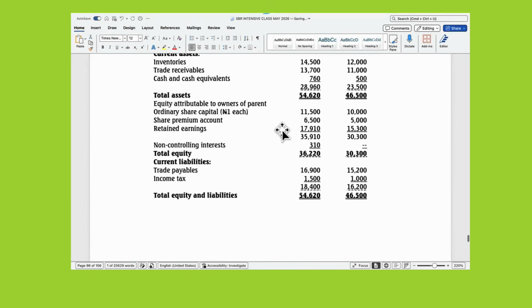For retained earnings, the same methodology. This one will help us expose if there is any dividend paid to our shareholders. If you look at the difference between 17,910 minus 15,300, it is 2,610.